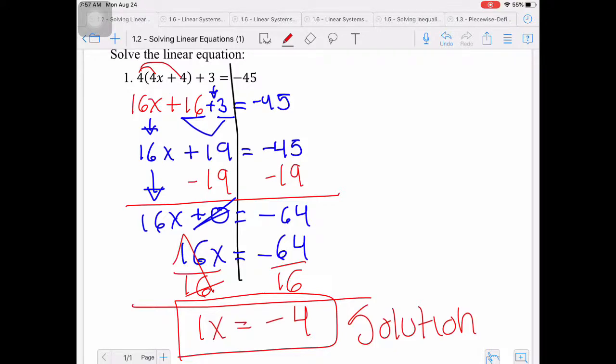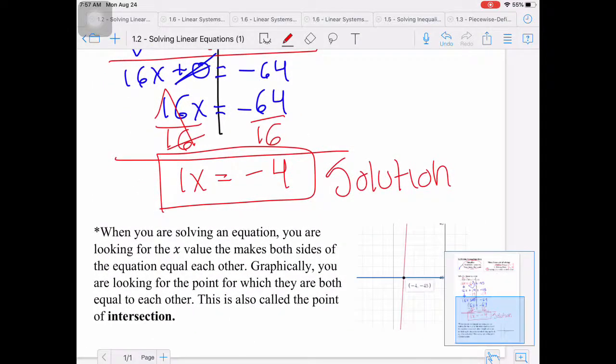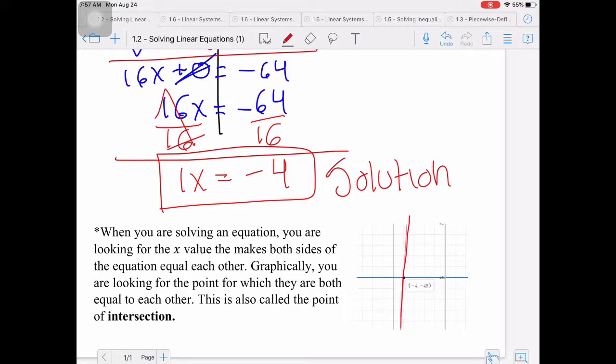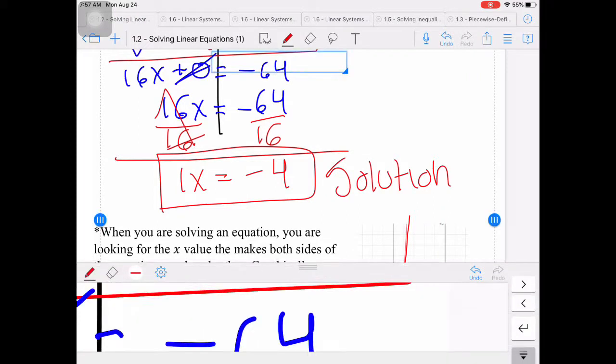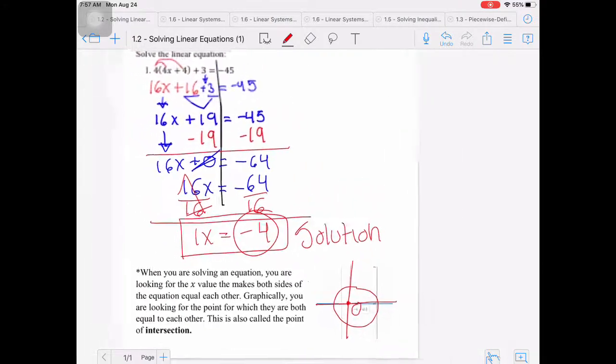If I were to graph those two functions, here's one and here's the other, and where they equal each other is the point of intersection right there. So at negative 4, those two lines equal each other. The solution to an equation is just the intersection of both lines.